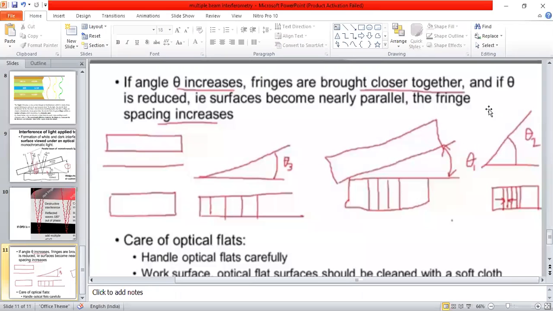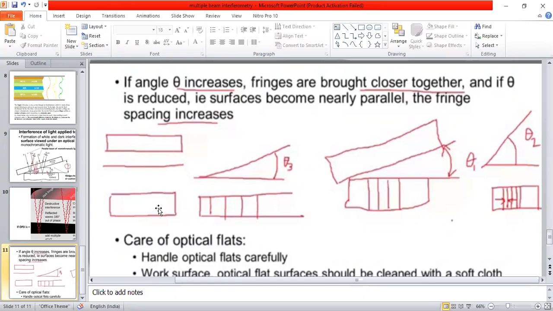And if theta is reduced, check the theta 3 figure. If the angle between the optical surface and the working surface is reduced, we get more spacing between the fringes. If both the optical surface and the working surface are flat, there is no angle between them, and then we will not get any fringe.